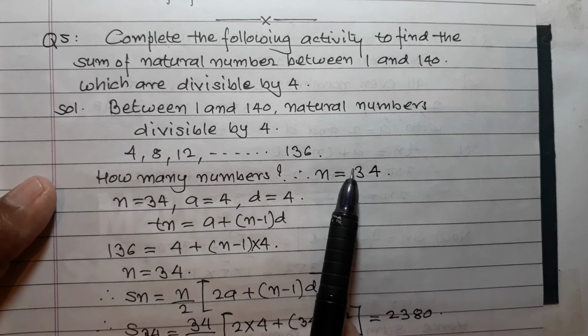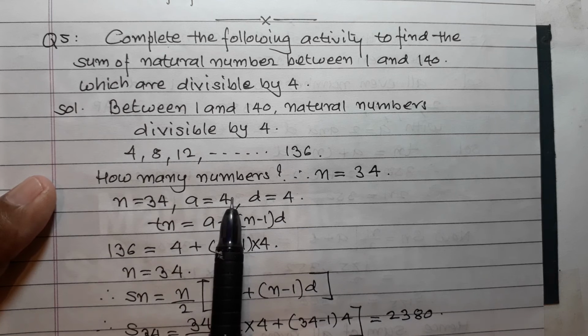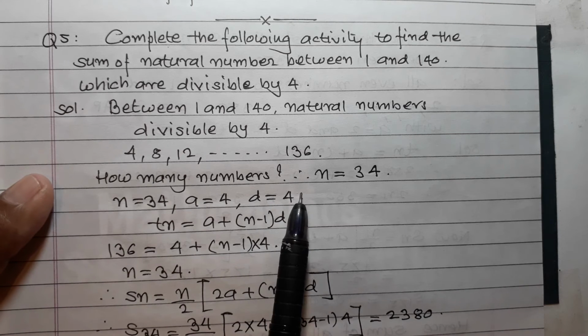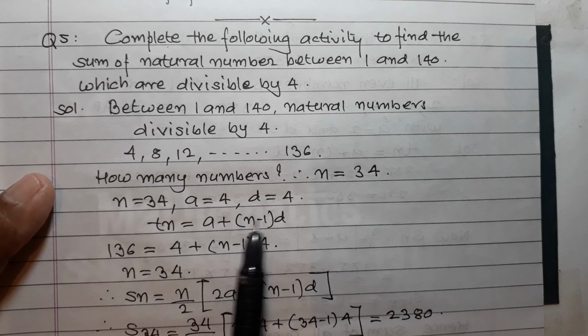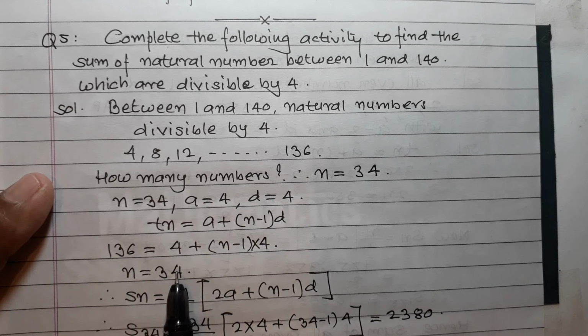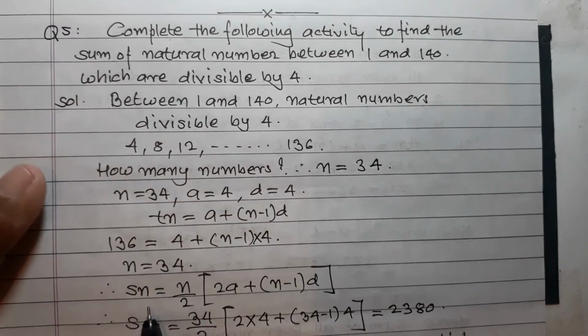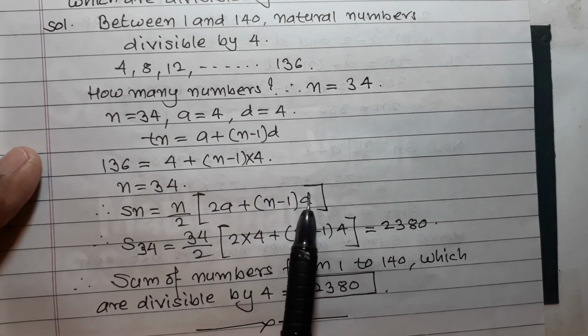Now calculate this. n is equal to 34, a is equal to 4, d is equal to 4, and therefore Tn is equal to a plus n minus 1 into d. 136, this is the last term, Tn, 136 is equal to 4 plus n minus 1 into 4, and therefore n is equal to 34. So Sn is equal to n upon 2 into bracket 2a plus n minus 1 into d.